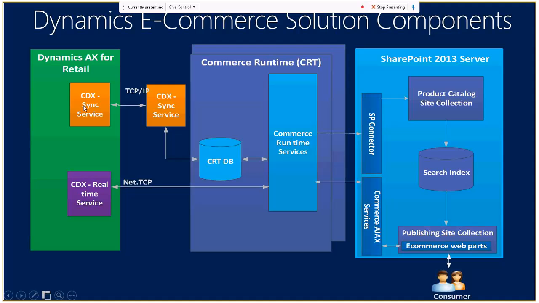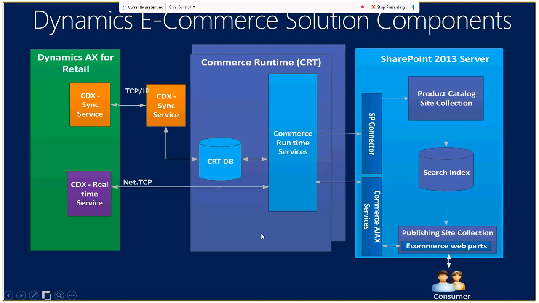There's CDX that basically facilitates all the data exchange across AX and SharePoint. We have the CDX sync service, which does batch synchronization across AX and SharePoint. And there is the CDX real-time service that we can call into from the online store to essentially retrieve data at real time.